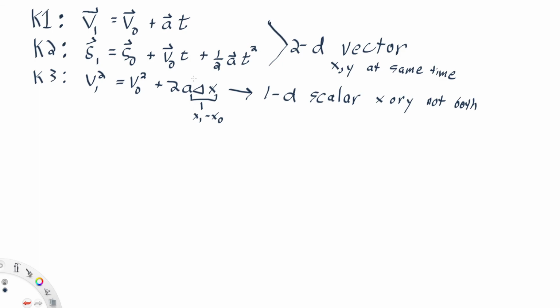There are other kinematic equations presented in your textbook, but they are all special cases of these 3. So your book might take one of these, solve for, say, velocity, and then present it as a new kinematic equation. It's not. It's just one of these 3 that's been rearranged.